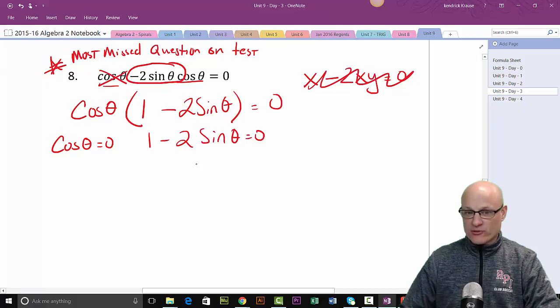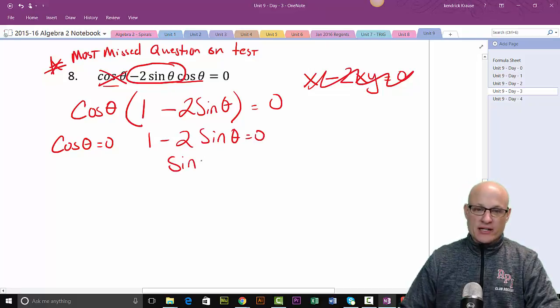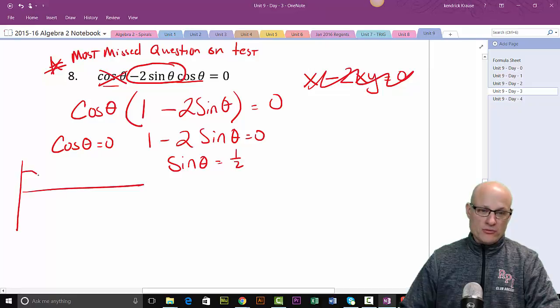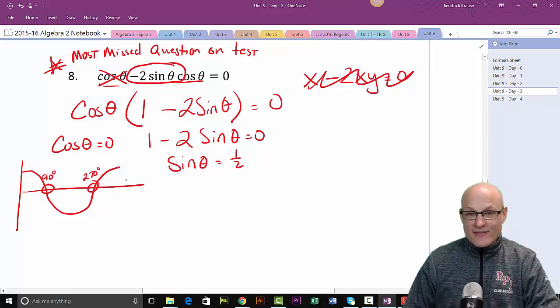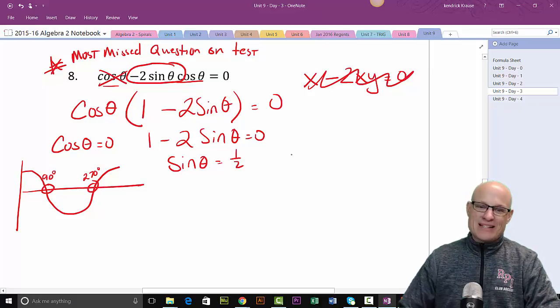This one gives me sine theta equals a half. And, oh, that's 0, so I got to use my... Right here. It's equal to 0 here and here. That would be at 90 degrees and 270 degrees. You should have those memorized by now. When does sine equal a half? Sine equals a half when theta is 30 degrees.